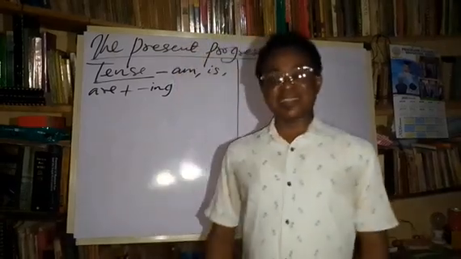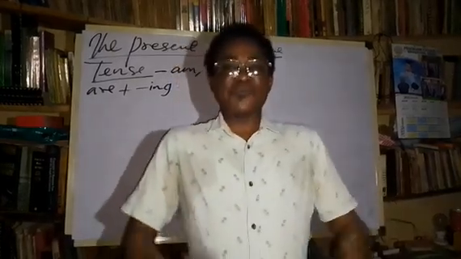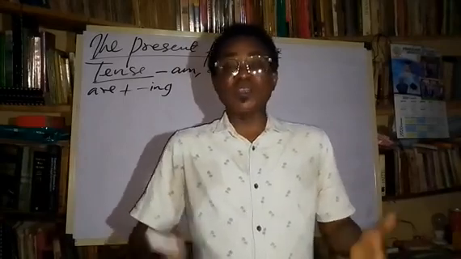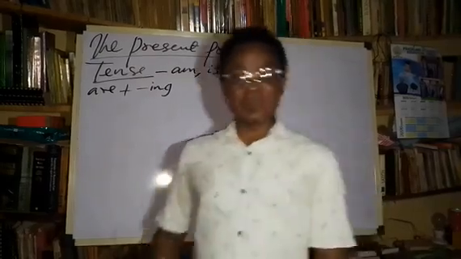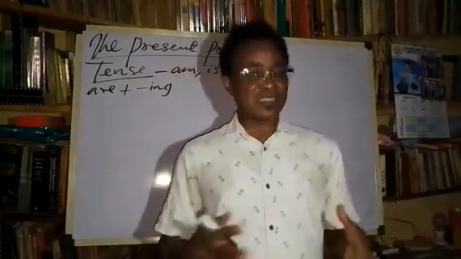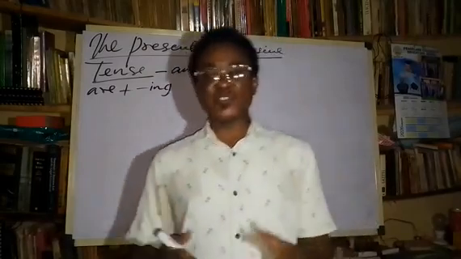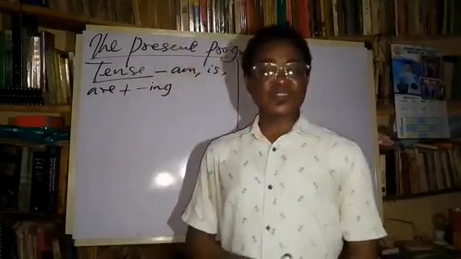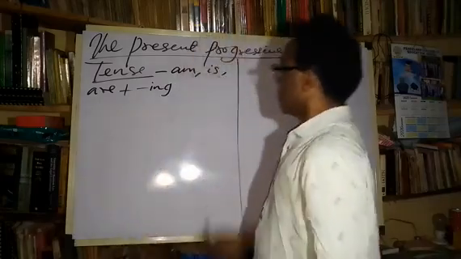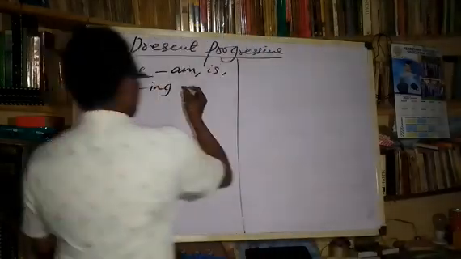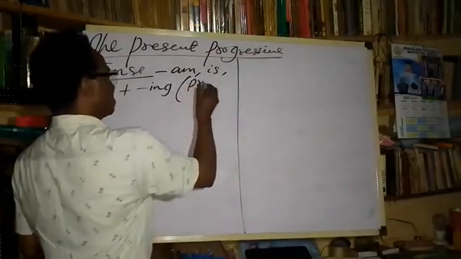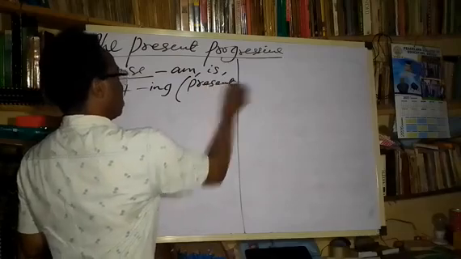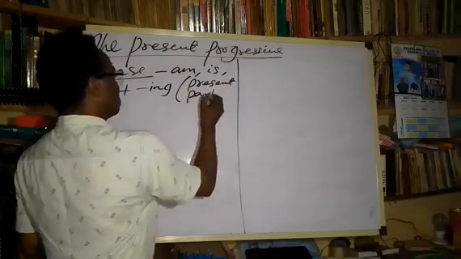So the difference, very simply, depends on the function in a sentence, what we call grammatical function. If the ing word functions as a verb, then it is called a present participle. If the ing word functions as a noun, then it is called a gerund. So the ing word is pp, that is present participle.